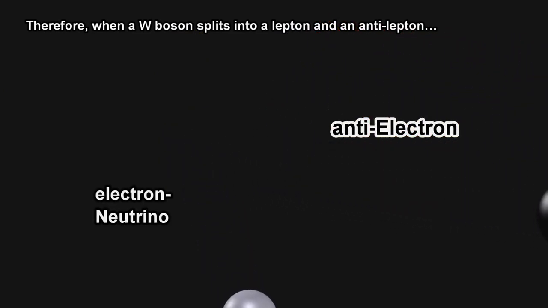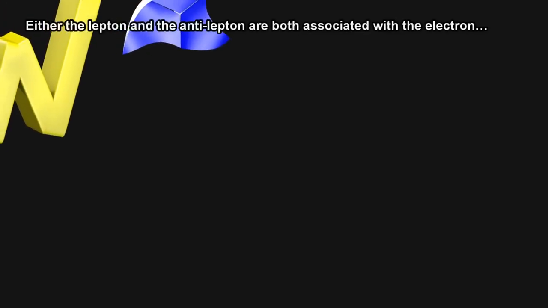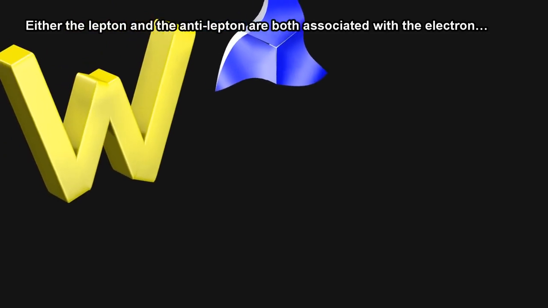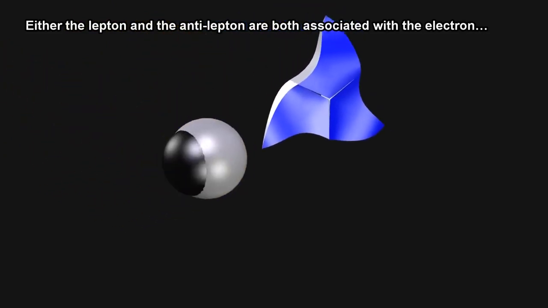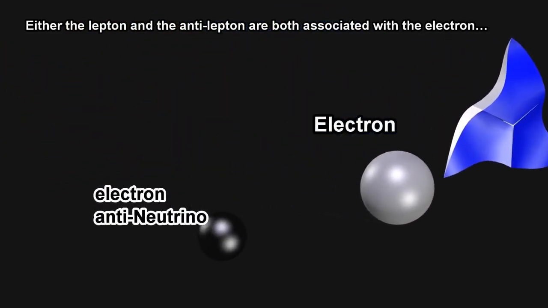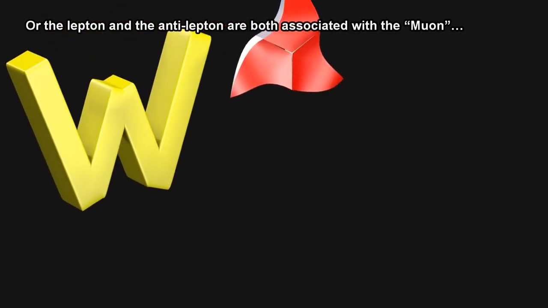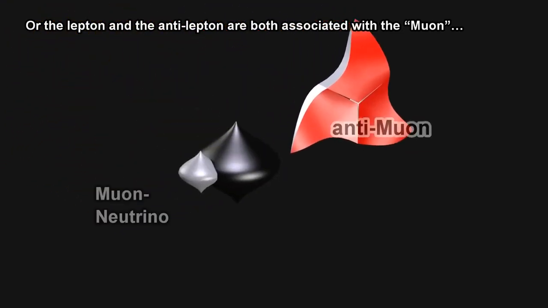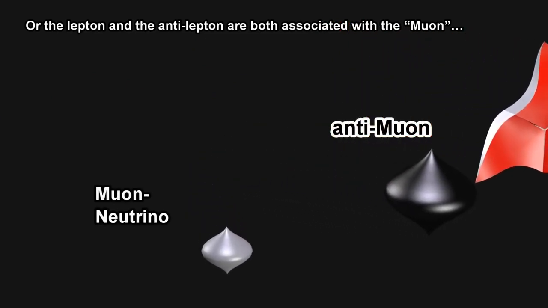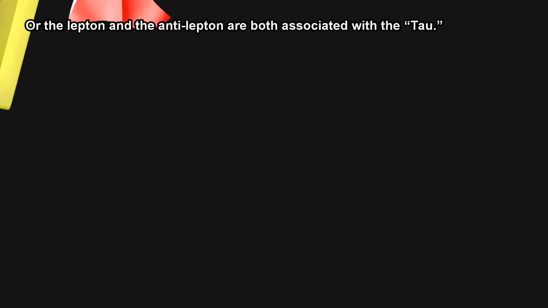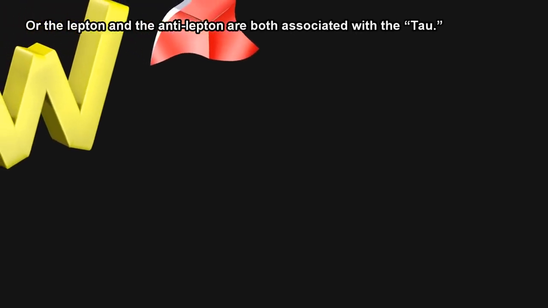Therefore, when a W boson splits into a lepton and an antilepton, either the lepton and the antilepton are both associated with the electron, or the lepton and the antilepton are both associated with the muon, or the lepton and the antilepton are both associated with the tau.